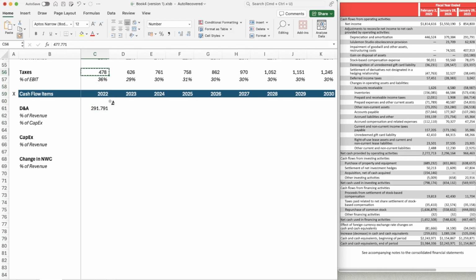And again, always format. Then we have 379.384. The CapEx down here, oh, it's spending big, 638.657.